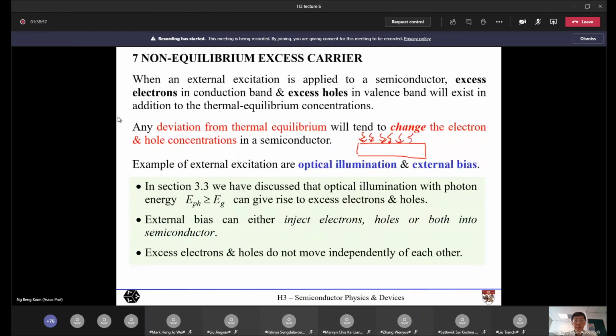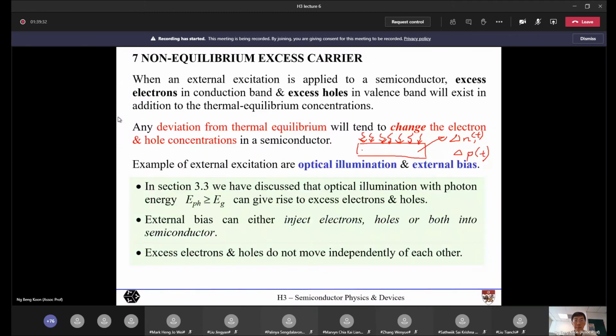If you do that, the question we ask here is, what is the excess carrier that is created in the semiconductor? That means the delta N and delta P, the extra carriers that are created in the semiconductor material. Here we are going to analyze this as a function of time, because we're illuminating the semiconductor uniformly.